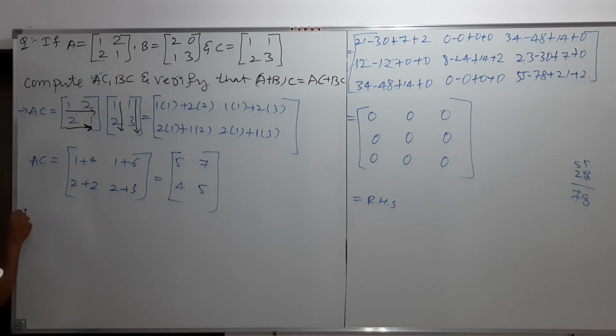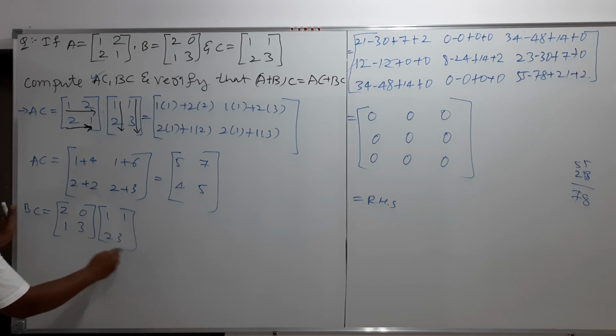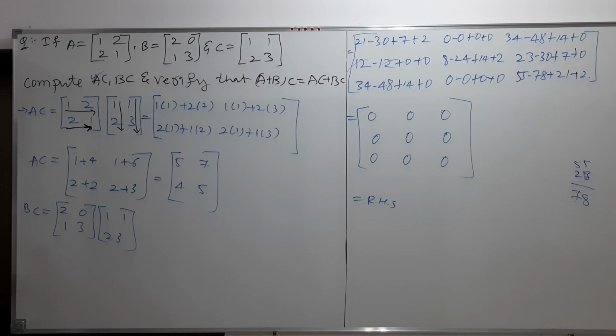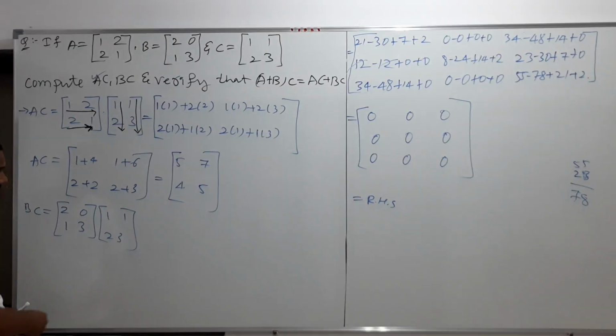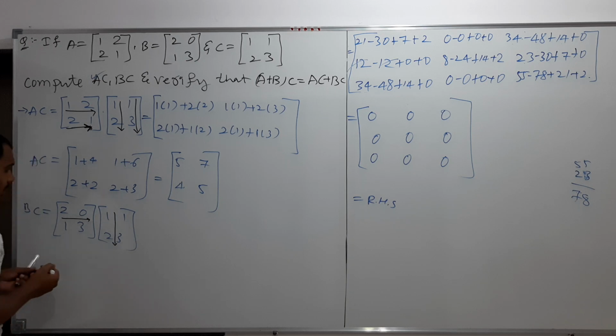Next, my dear students, I should find out the BC. So what is B here? B is 2 0 1 3, and C is 1 1 2 3. So B into C: again two columns are there, two rows are there, so we can multiply these two matrices, and that multiplication is done by row by column.